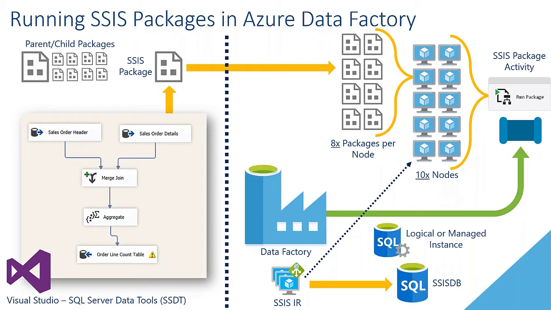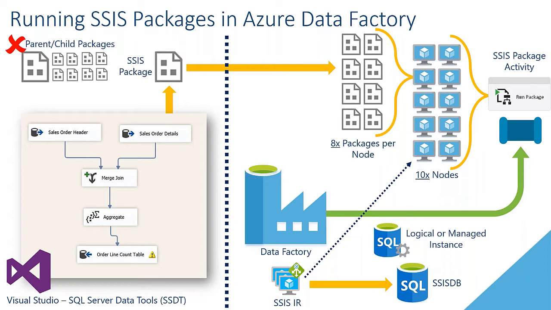It's a fairly common pattern. But what I'm saying to you is that if you have that pattern that you've used on premises, fine. If we move over to Azure, that pattern isn't going to work because that parent package will still only get an 80th of that compute.